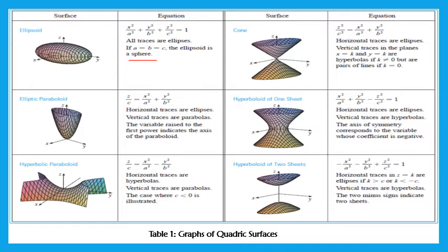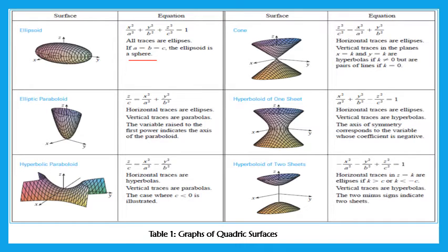Hyperboloid of two sheets, the last quadric surface, is negative x squared over a squared minus y squared over b squared plus z squared over c squared equals 1. So, ang horizontal traces ni hyperboloid of two sheets, z equals k, are ellipses if k is greater than c or k is less than negative c. Ang vertical traces niya, class, are hyperbolas.